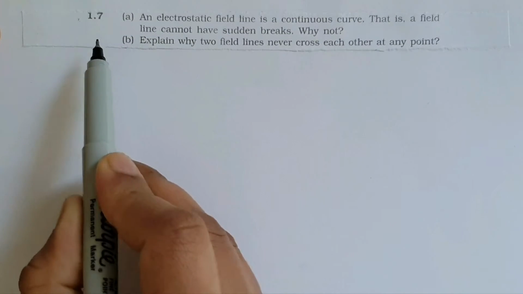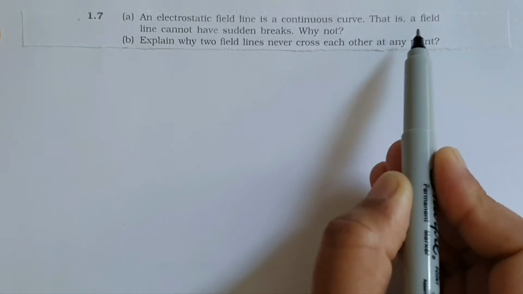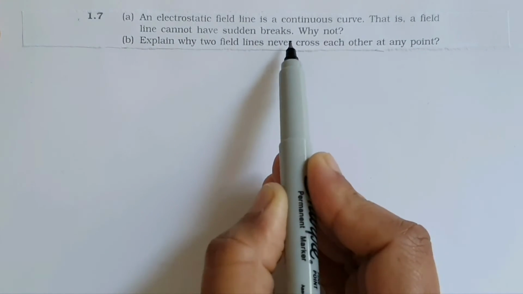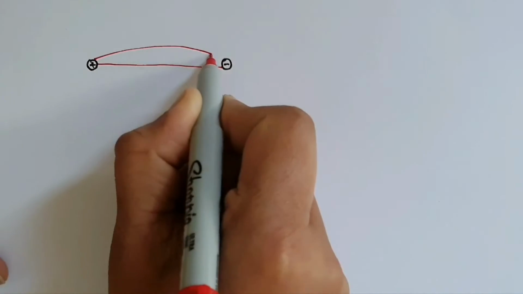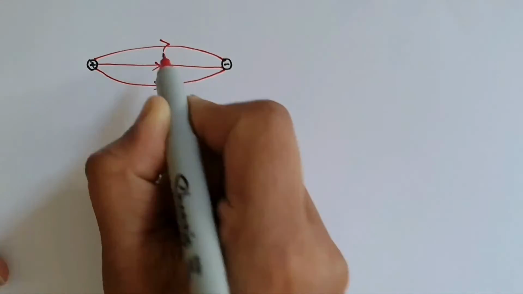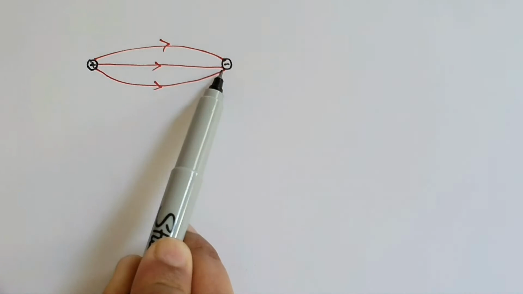Question number 7. An electrostatic field line is a continuous curve. That is, a field line cannot have sudden breaks. Why not? We know that the electric field line always starts from a positive charge and it terminates at a negative charge.